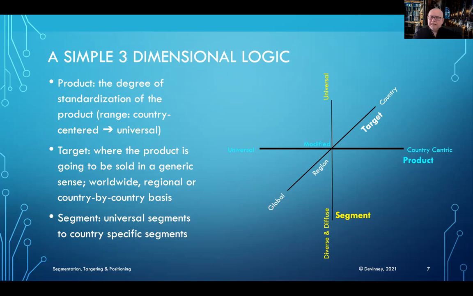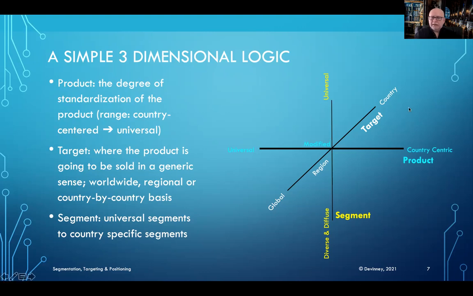And I could do that with some degree of modification, let's say. And that modification may be that the product is core, but the advertising might be quite unique. Okay. So HSBC does a bit of this, right? They do have a universal, mostly universal, but probably more regional segmentation approach.